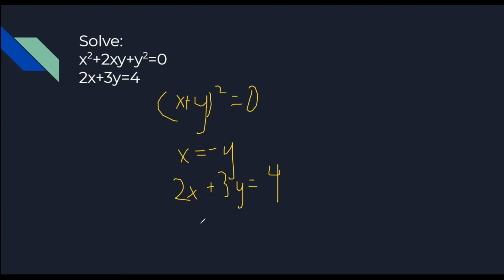We can substitute x equals negative y into the bottom equation, right? Because 2x would be 2 times negative y, so negative 2y, since x equals negative y. Then 2y plus 3y equals 4, so then we have y equals 4. So what does x equal?